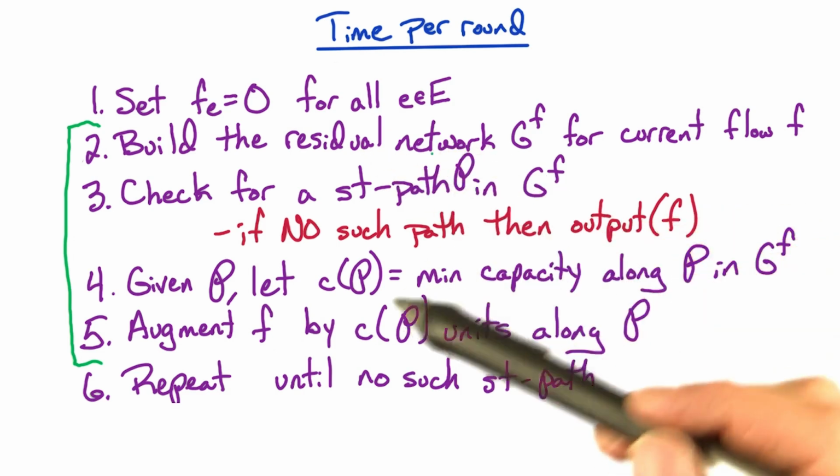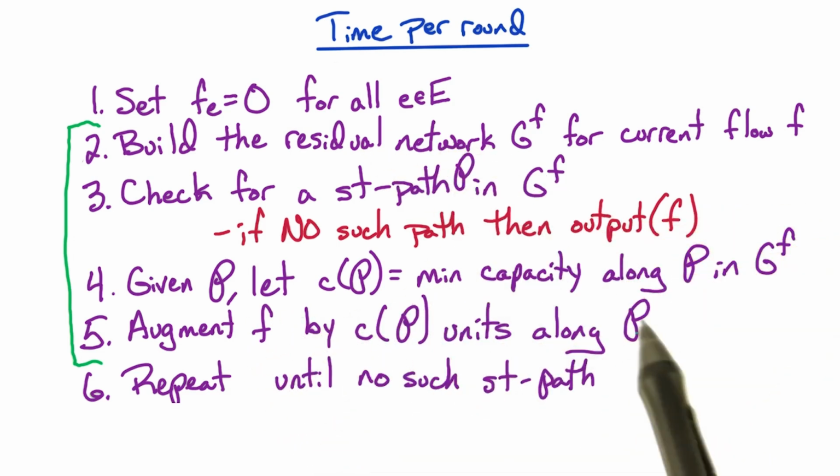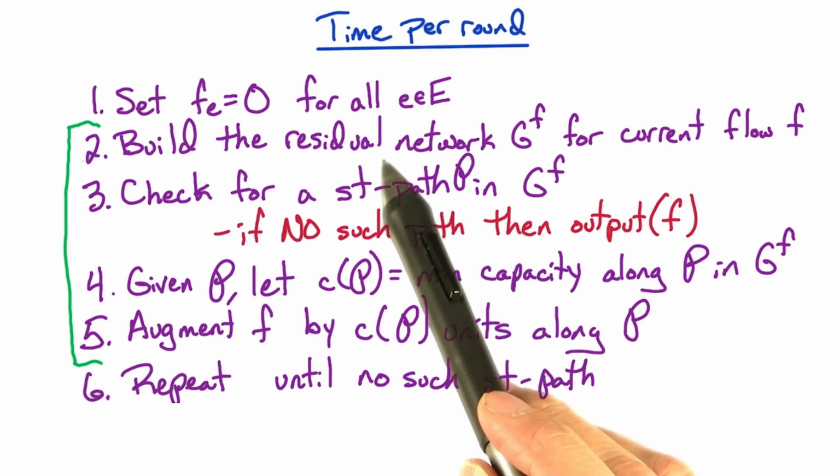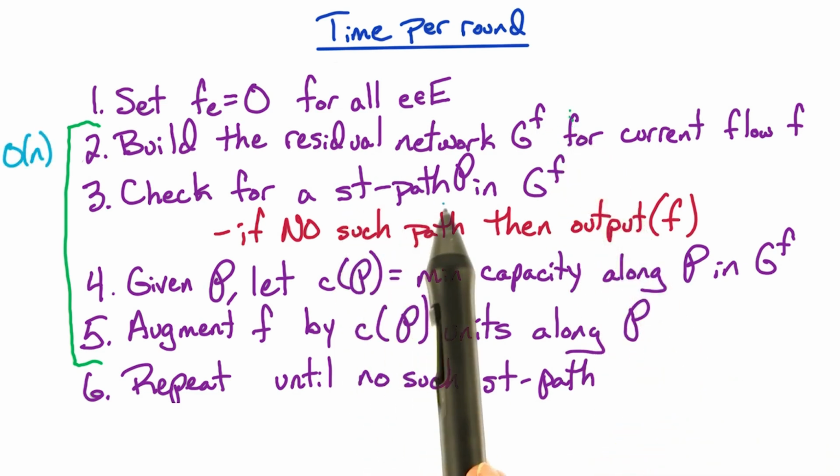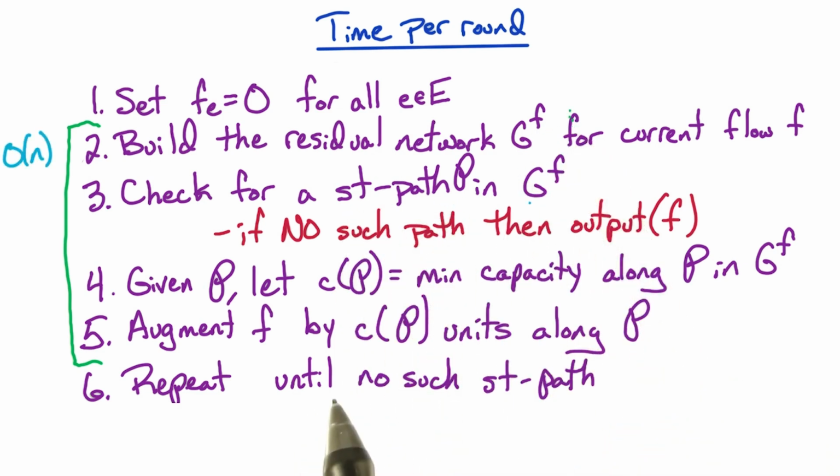Well, the residual network is simply going to change along this one path P. It might change along the forward edges or the backward edges, or both. Now this path is of length at most n-1 edges, so it's going to take us order n time to update the residual network. How do we check for an ST path in this residual network? Well, we run either DFS or BFS.